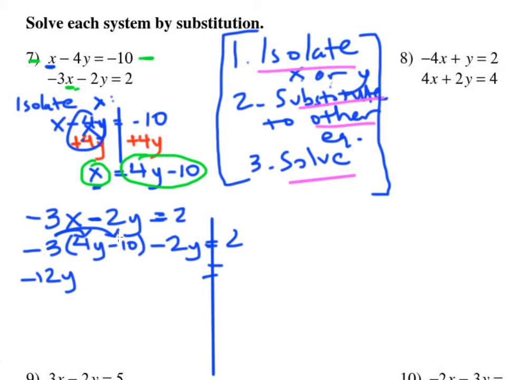Negative 3 times a negative 10, negative times a negative is a positive 30, minus 2y equals 2. Let's keep working here. I can combine like terms. These are both y, same sign, keep and add. That's a negative 14y plus 30 equals 2.